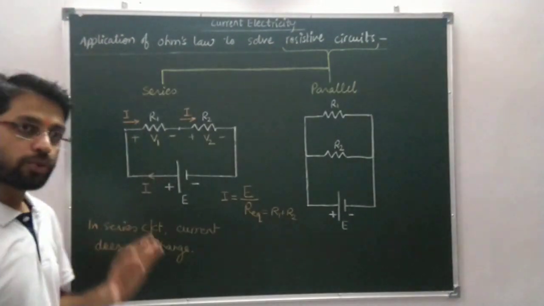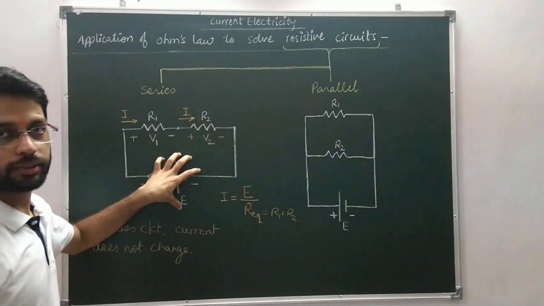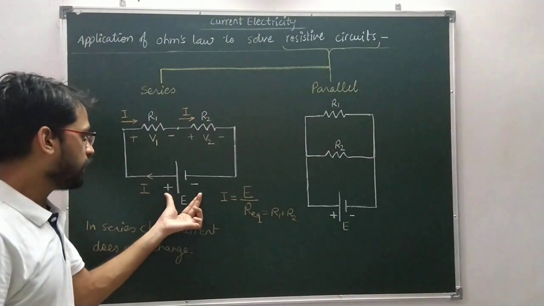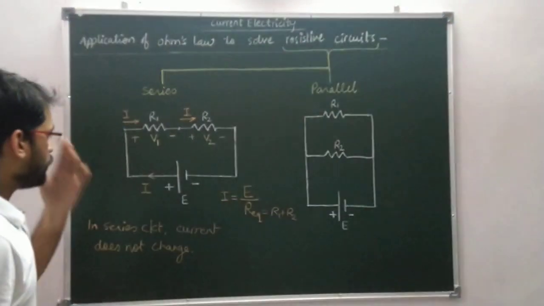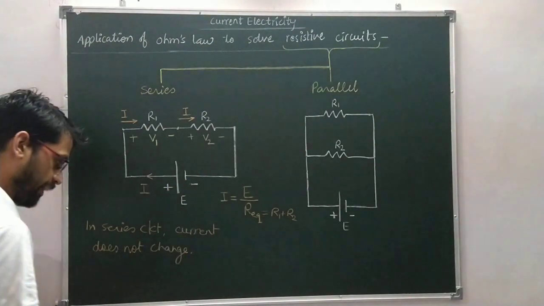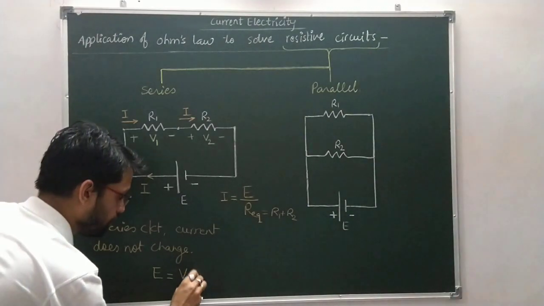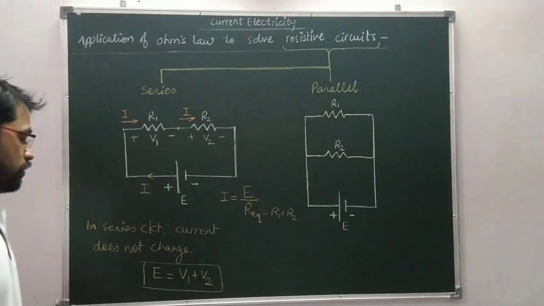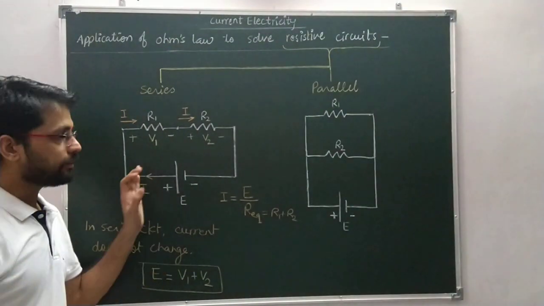The source of potential difference and the source of voltage is the cell, and its potential difference is E. This potential difference or voltage is divided in the series circuit. Now we can write the relation for potential differences, that is E is equals to V1 plus V2. So this is the relation among the potential differences in the series circuit.